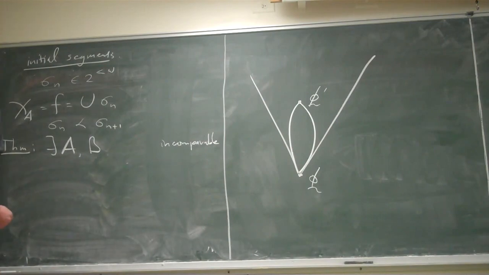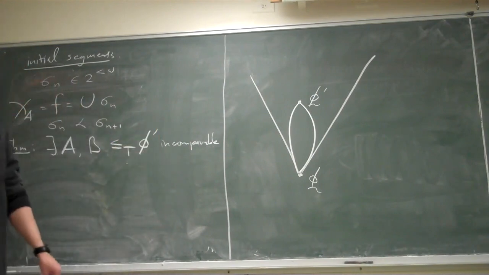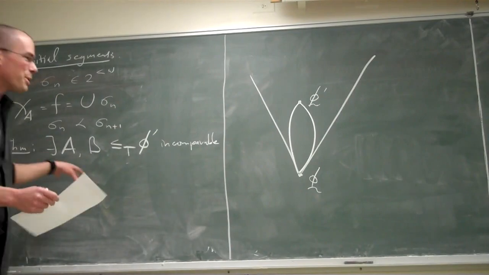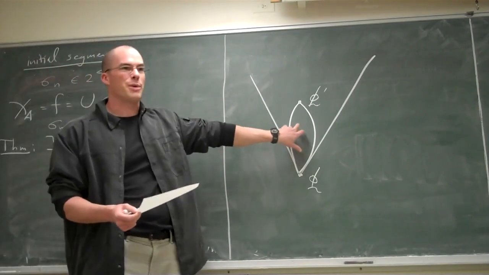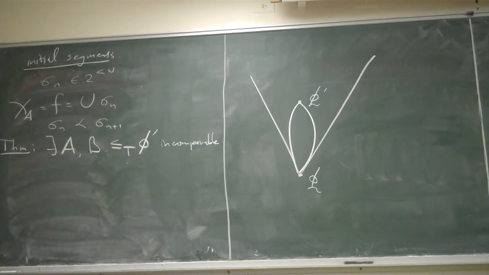And we're going to do this a little better because we're going to do it below zero jump, so that there already are incomparable degrees in the part we care more about than the other part. So this is what we're going to do.